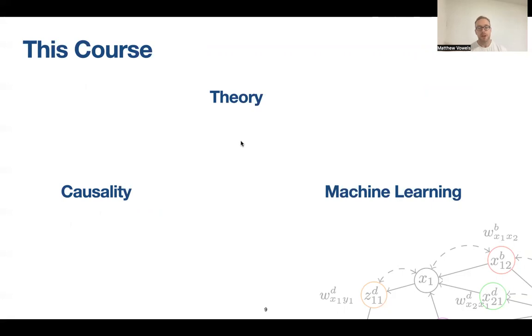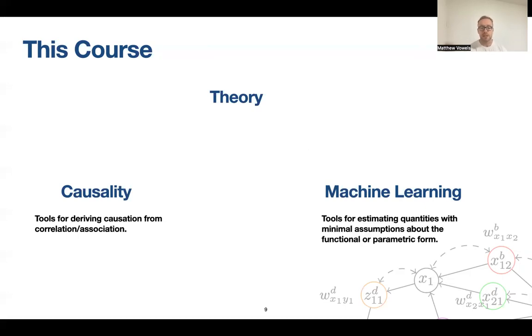And theory is the thing that I think we really care about at the end of the day. We want to develop theories that mean something and help us manipulate and change and improve people's lives in the real world. So here, as I say, causality: tools for deriving causation from correlation and association; machine learning: tools for estimating quantities with minimal assumptions about the functional parametric form; and theory: specifying a world or model process which helps us to understand natural phenomena.